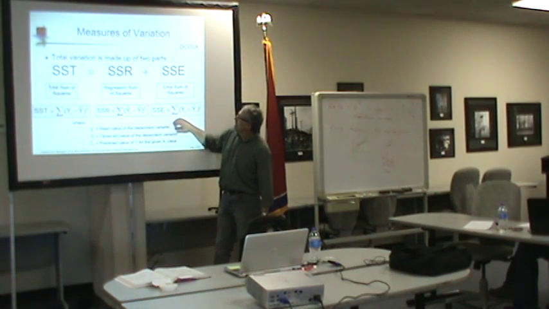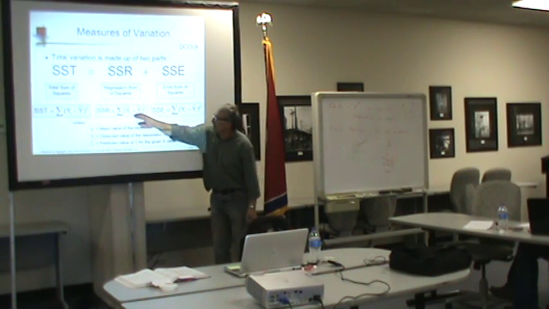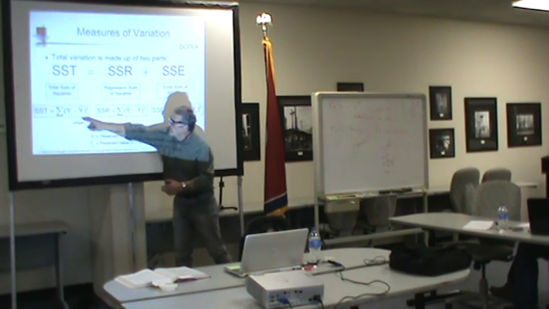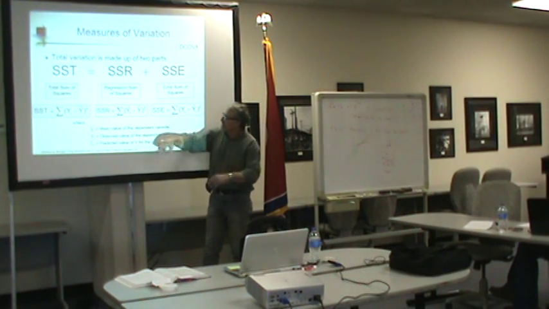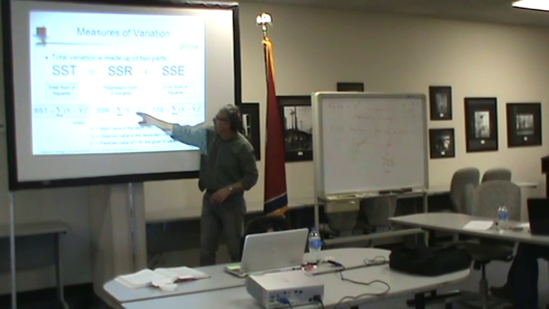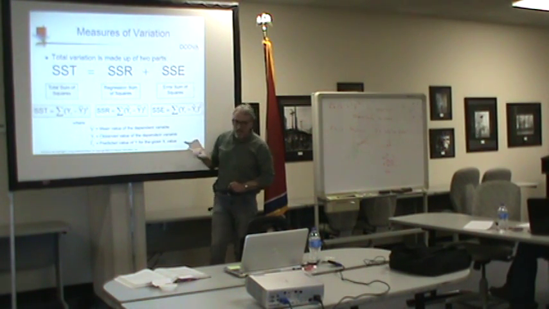And then there's the square error, the difference between the data point and the predicted. So you've got your total error, how far each data point was away from the average, and it's split up into how far predicted is away from the average and how far the data point is away from the predicted.